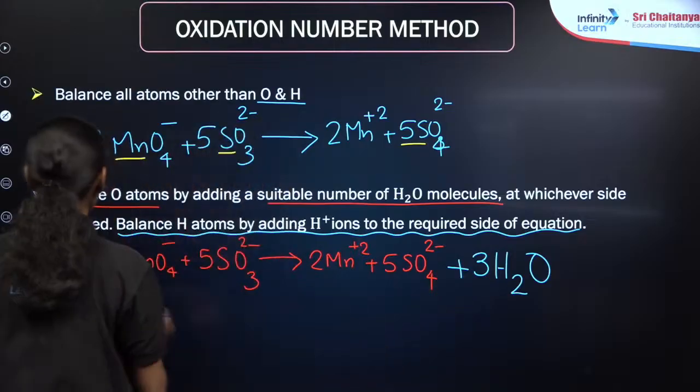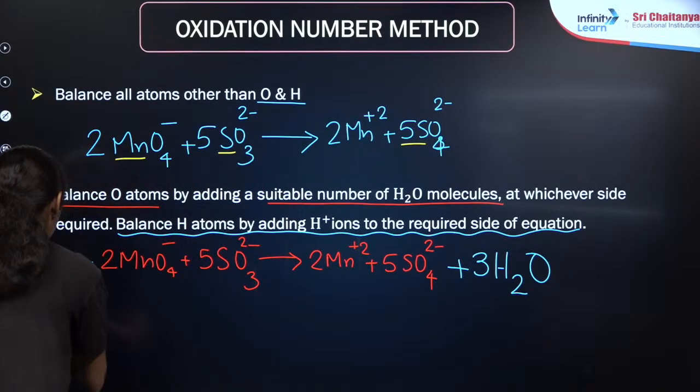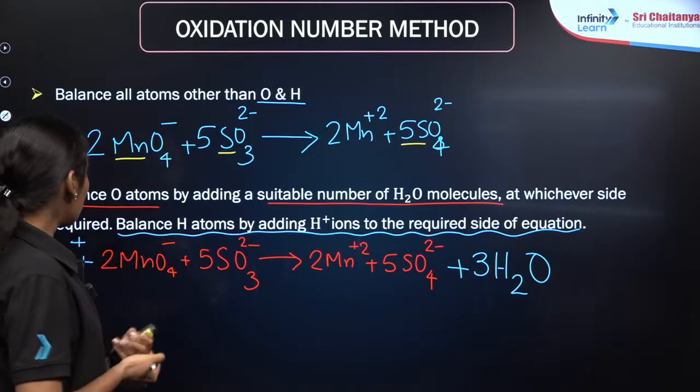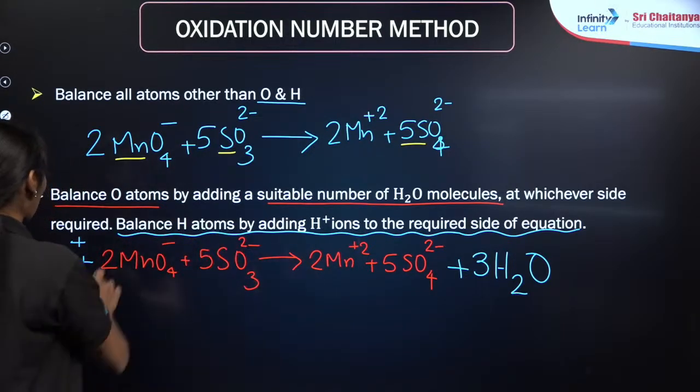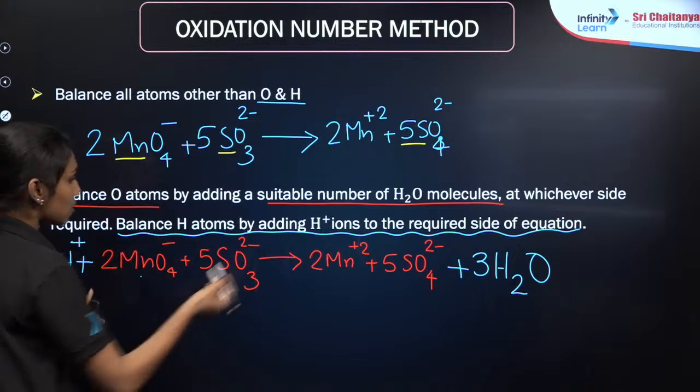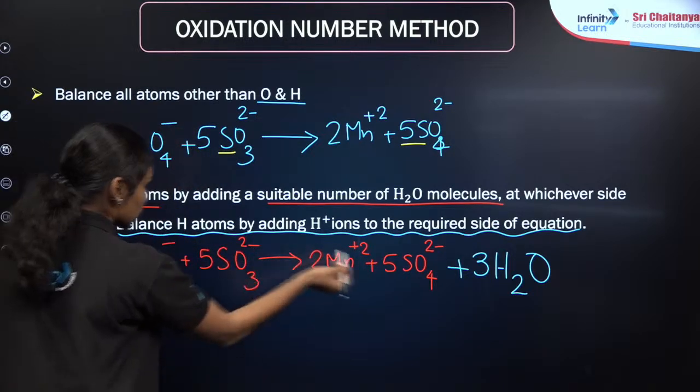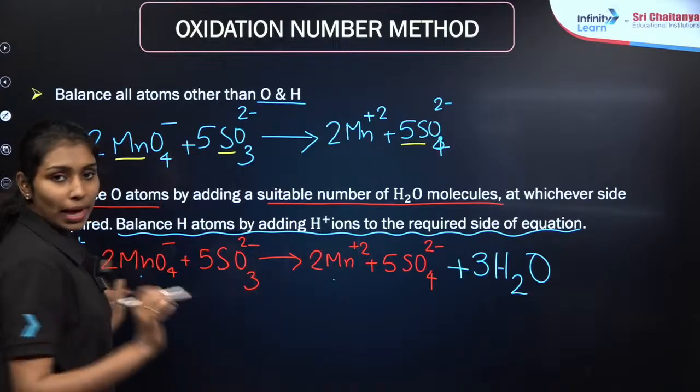So, I am here adding 6 H+ ions to balance the hydrogen atom in the reactant side. Now, you have to check how many hydrogen atoms are present here. Oxygen is balanced, manganese is also balanced here, then sulfur is also balanced. Now, hydrogen is also balanced here.